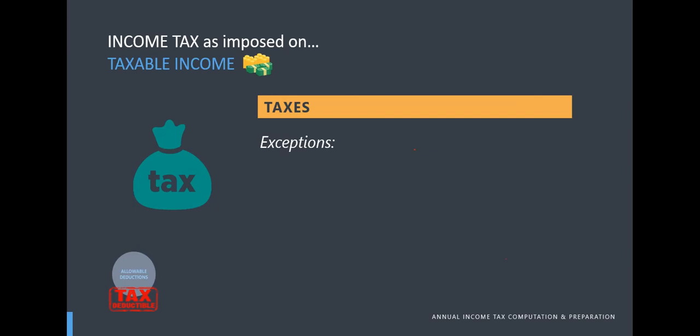So the taxpayer is merely a parang taga-report lang. Unlike sa percentage tax, the taxpayer is the one that is being taxed. The taxpayer is being taxed on his or her gross receipts or revenue. What are the exceptions of these taxes?